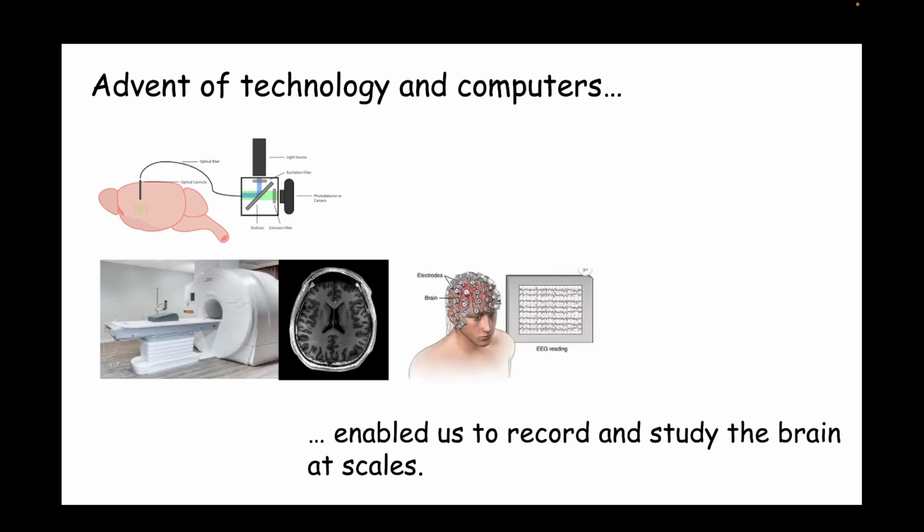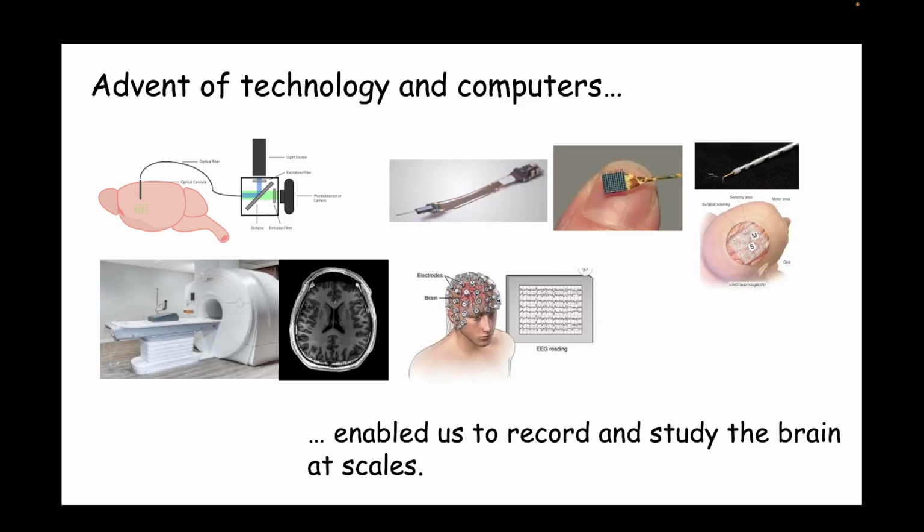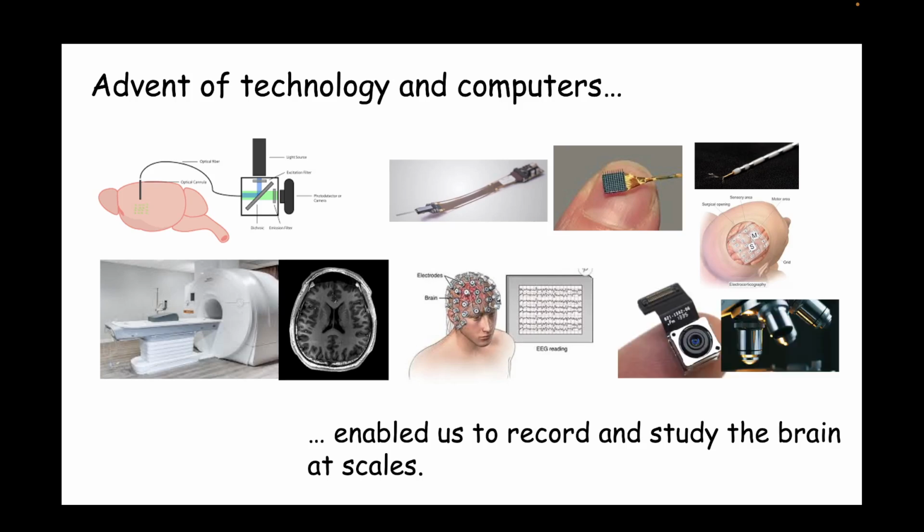Then we have EEG, and different types of electrodes and nanotechnology have enabled us to record the brain's electrical responses at scale, as well as micro cameras and microscopes, which have enabled us to study the brain at different scales.